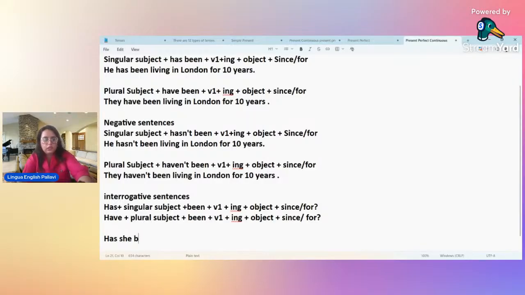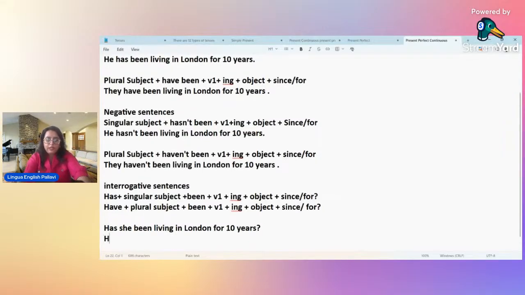Has she been living in London for 10 years? Has she been living in London for 10 years? Next, the same example. Have they been living in London for 10 years?